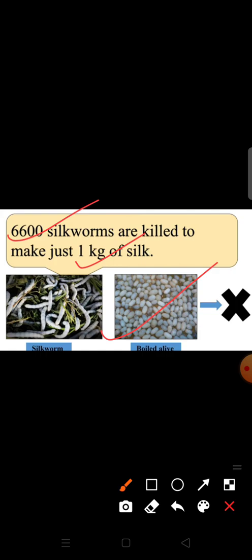Cushion covers and sofa covers also, wall hangings also. And the knitted material from the silk fibers is used for making socks, which are very costly, stockings, and other market products.